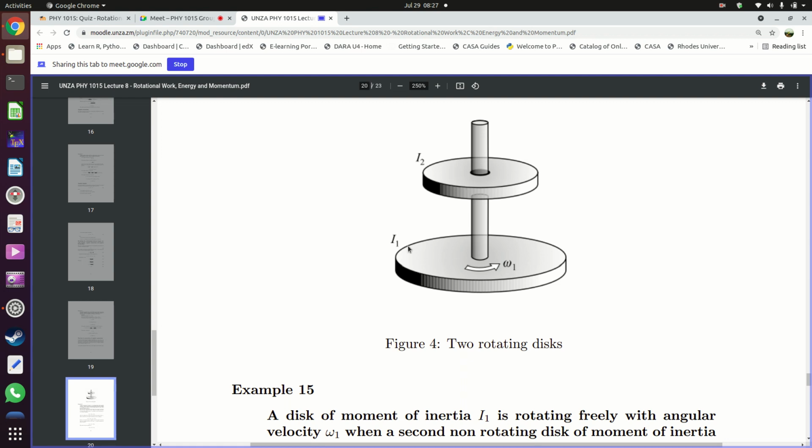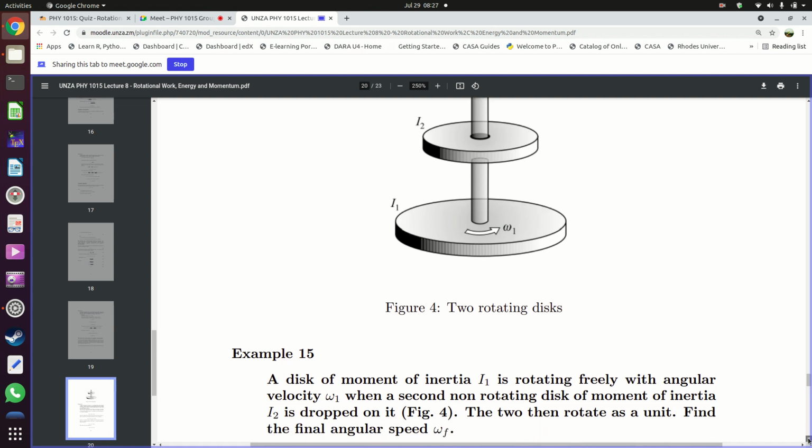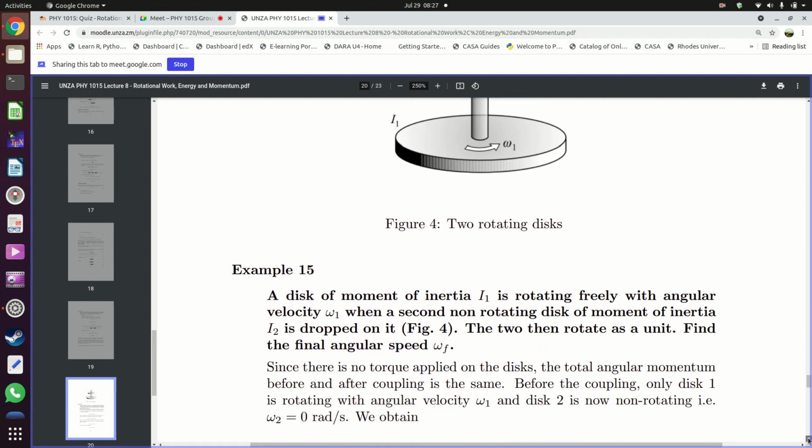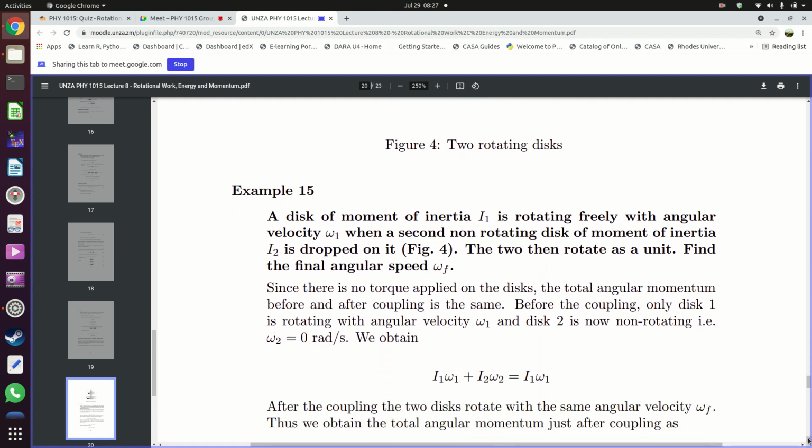In this case, disk 1 is rotating with omega 1, and disk 2 is not rotating at all. Before and after the coupling, make sure that there is no force and no torque present, and then you can work out what the angular momentum is going to be. This is an example meant to show this.